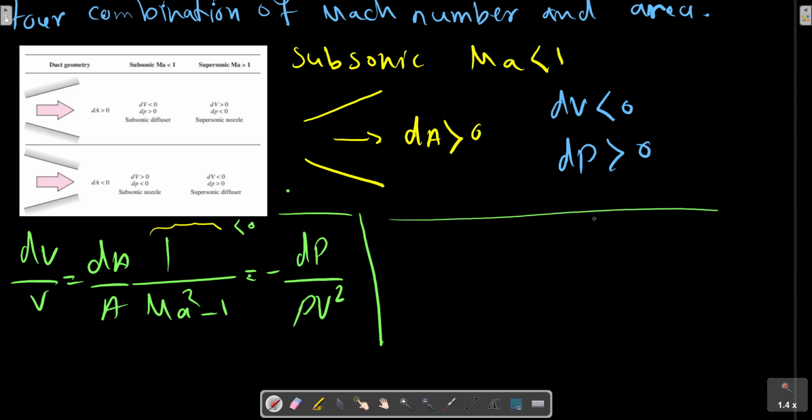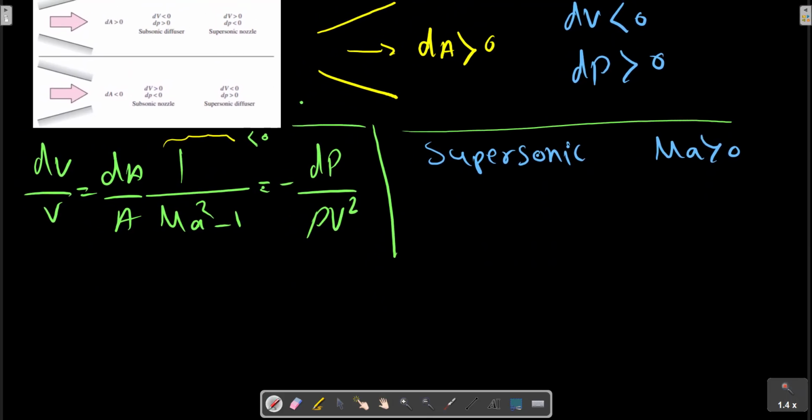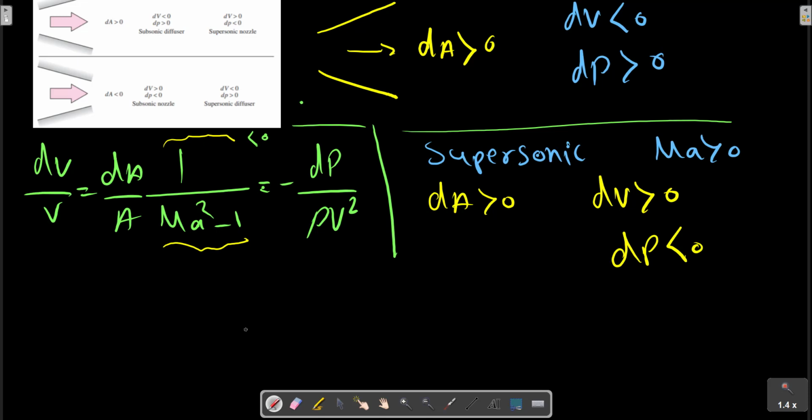For supersonic, we have a positive sign here. So if dA is greater than 0, we have dV greater than 0 and dP smaller than 0.